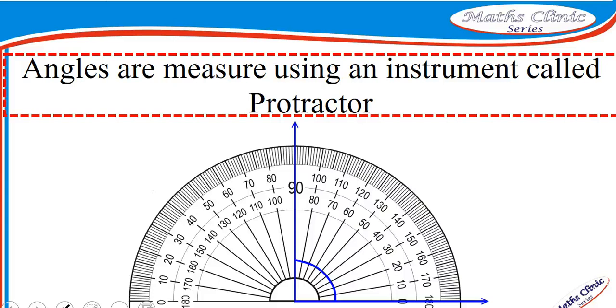It's very important because you need it in dealing with constructions, circle theorems and the rest. But for now, we want to just look at how we can name angles and the rest. So angles are measured using an instrument called a protractor, and you can see a protractor here. Detail has been done in video number 3.